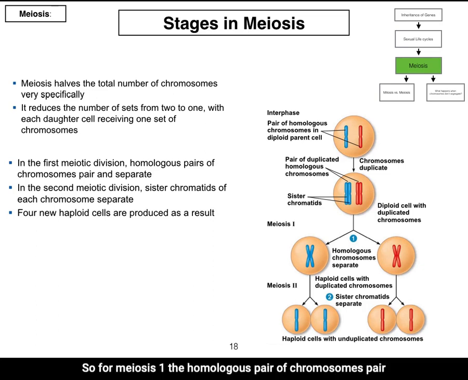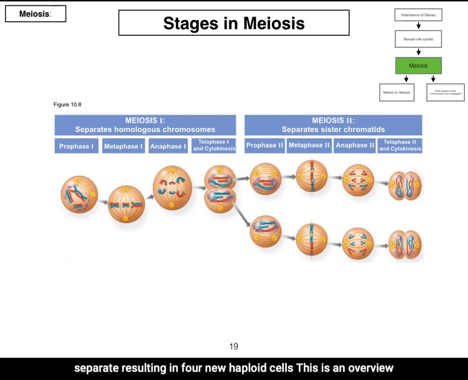So for meiosis 1, the homologous pair of chromosomes pair up, and then they separate. Then, in the second division, the sister chromatids for each chromosome separate, resulting in 4 new haploid cells. This is an overview of the 2 divisions of meiosis.